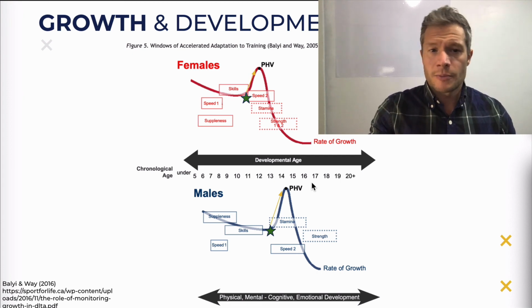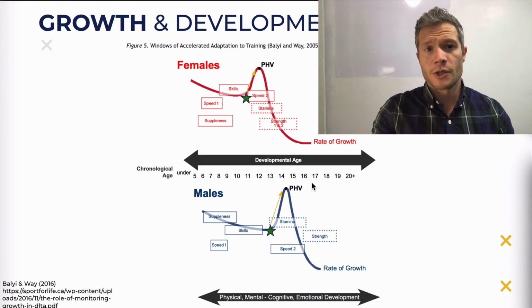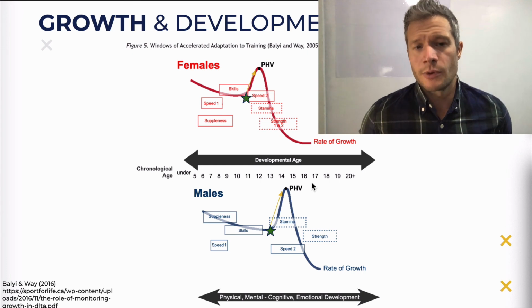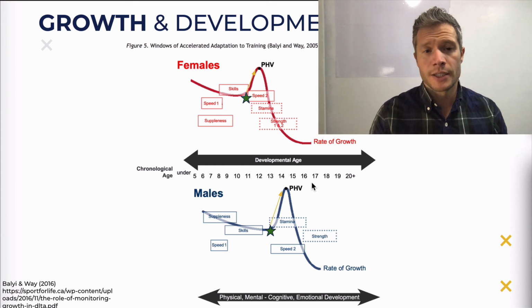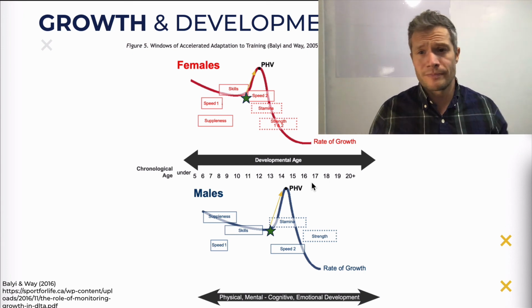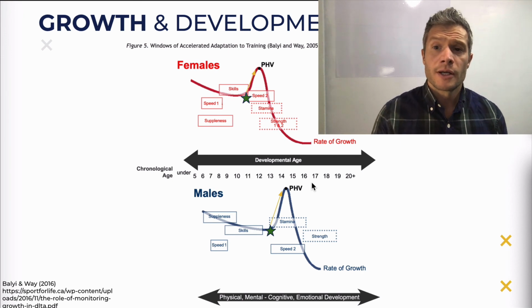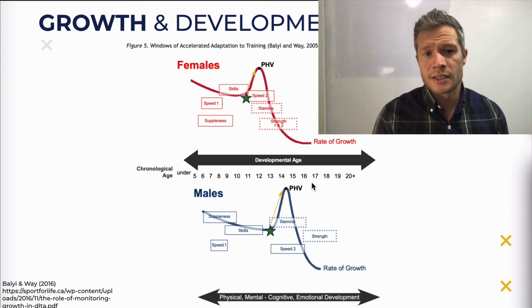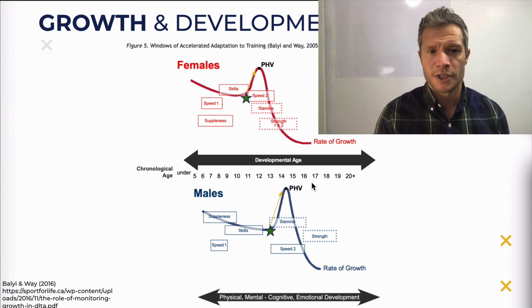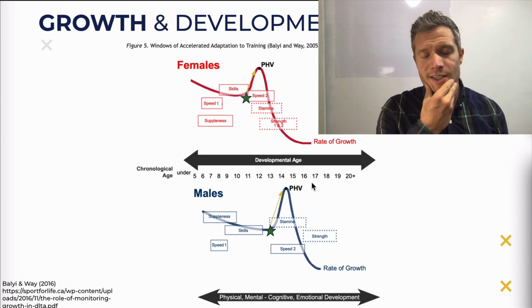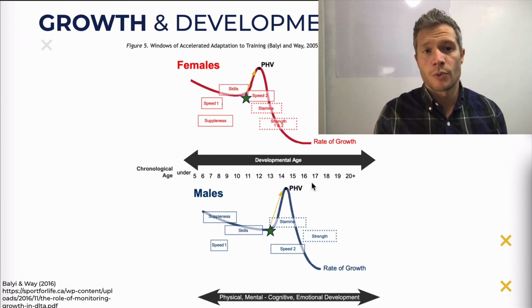Now taking the perspective of a coach. There's 5 different skills that you want to develop in all athletes. Depending on the sport, different skills are going to be more important. However, when you're talking about adolescence, and in particular with physical education, generally speaking, there's 5 main skills that you want to focus on at different points in time.